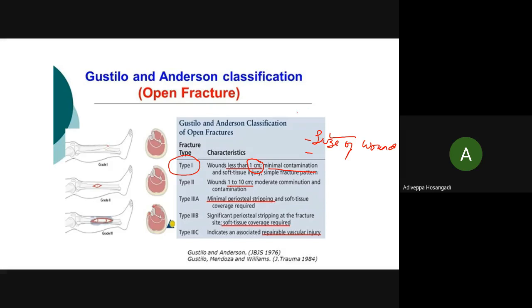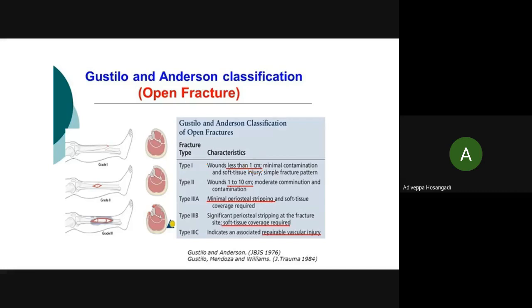An open fracture is as good as an emergency because once the fracture gets contaminated, infection chances are very high and the fracture doesn't unite easily. So it takes into consideration the size of the wound and the extent of contamination. You see open fractures where a lot of mud, wood pieces and gravel get into the wound. If the size of the wound is less than 1 centimeter, it is grade 1.